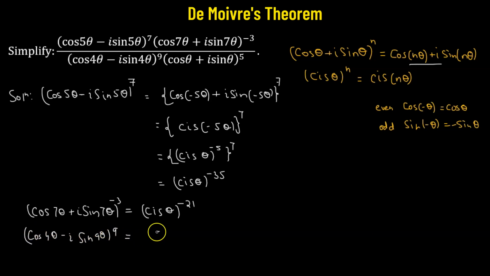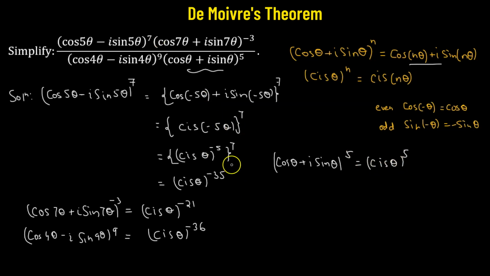This will be equal to cis of theta raised to the power of negative 4 multiplied by 9, that is negative 36. Right. And for this expression, we have (cosine theta plus iota times sine theta) whole raised to the power of 5, which is simply cis of theta raised to the power of 5.